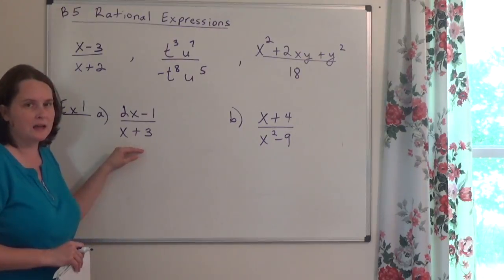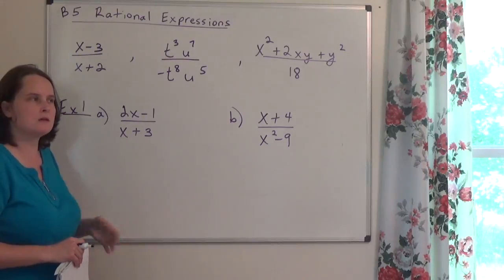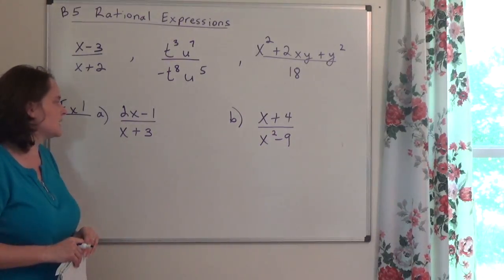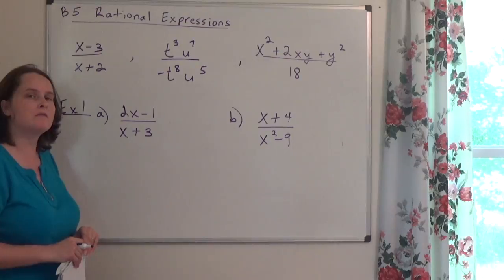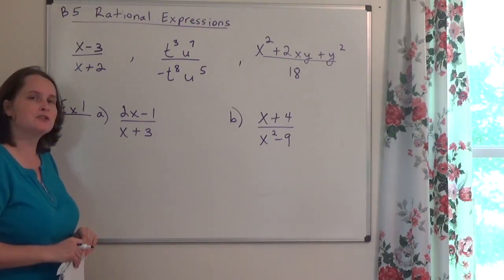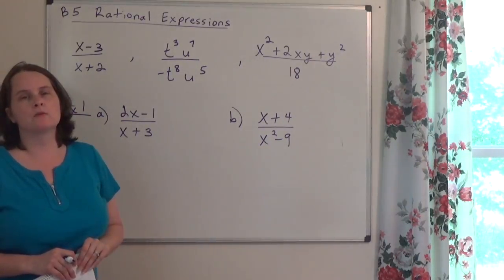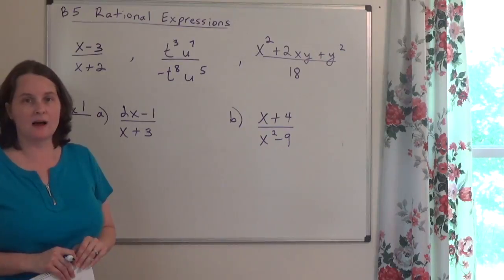You might know what that is, or maybe you don't. The key here is to think about what value. If you look at your notes, you'll see that I've got a reminder that we know from arithmetic that we cannot divide by 0.